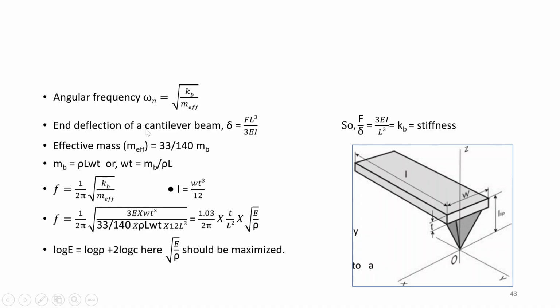So end deflection of a cantilever beam can be given as delta equals FL cube upon 3 EI. I is again the moment of inertia, E is elastic modulus, F is force, L is length. Effective mass is given as 33 upon 140 MB. MB is the beam's mass, this cantilever beam's mass.